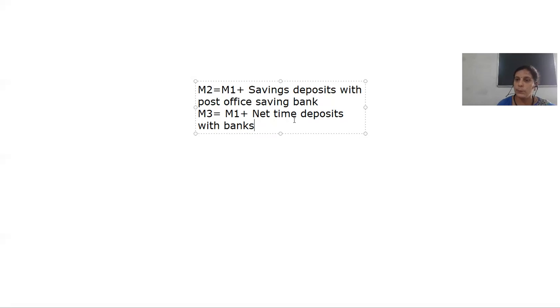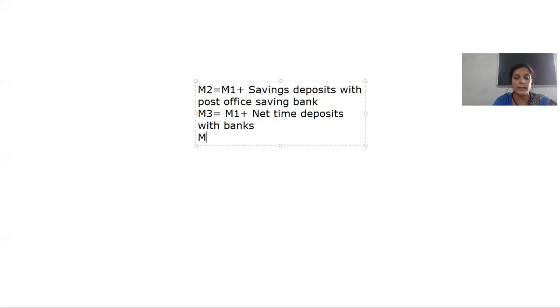Time deposits are the deposits which are deposited for a fixed period of time, and checks are not issued against these deposits, and we cannot deposit money at any time. We have to deposit an amount which has to be withdrawn after a fixed period of time. This is also a much broader concept than M1, but M3 doesn't include M2. M2 is a separate concept, and M3 includes only M1 plus net time deposits with the banks.